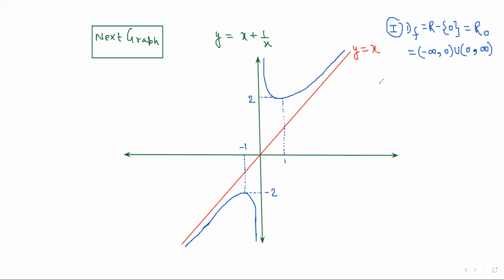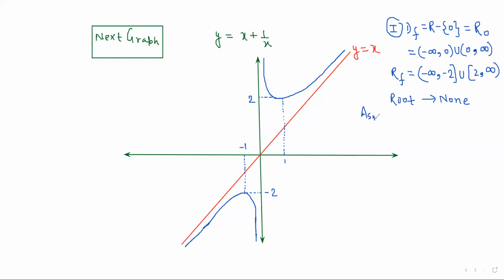Okay. So what is the range of the function? The range is simply minus infinity to minus 2, where minus 2 is included, union 2 to infinity. Okay. The root is none. The graph is not cutting the x-axis at any point, so the root is none.